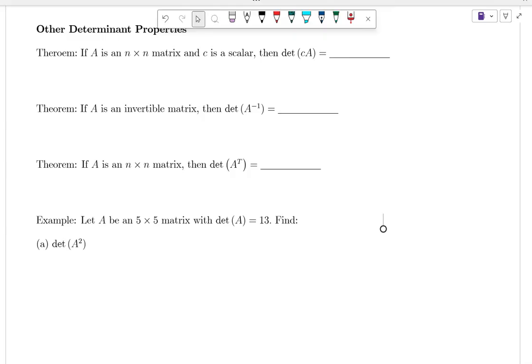You'll take row 1, multiply it by C, row 2, multiply it by C, and all the way down. You've got n rows. So when you multiply a scalar times a matrix, you can pull the scalar out of the determinant, but you have to do it n times. It has to come out of row 1, row 2, row 3, all the way down to row n. Okay? Yes?